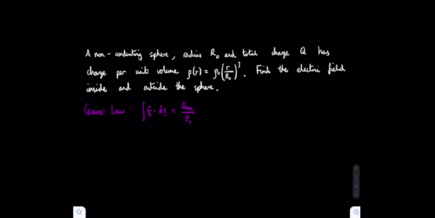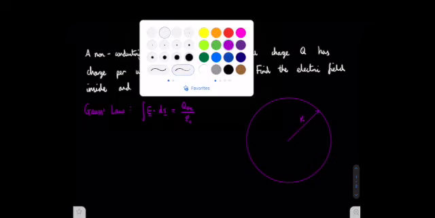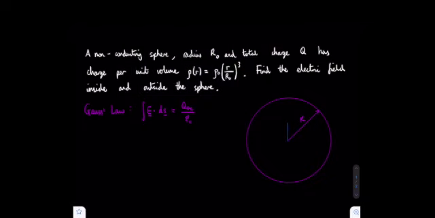So if we draw the sphere with a radius of r0, then perhaps we can draw a Gaussian surface. Perhaps at some distance r, we can draw a spherical shell, and we can find the charge enclosed.